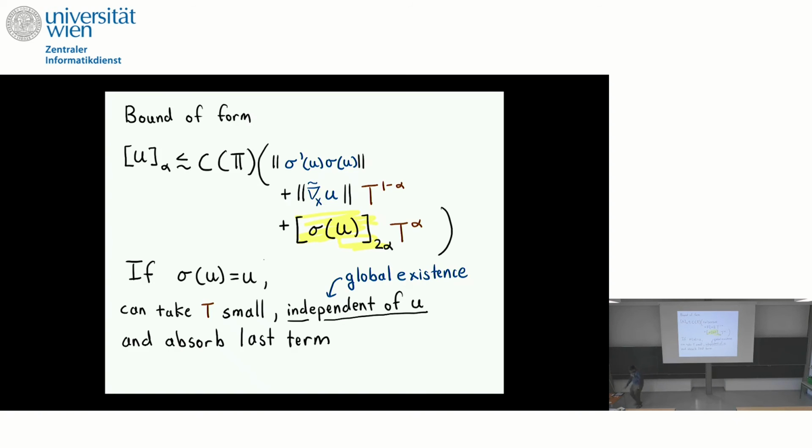And so the fact that I can choose the smallness condition on my time so that it doesn't depend on u is what tells you that global in time existence is possible here. So this indicates that the global in time problem for the linear problem is much easier.